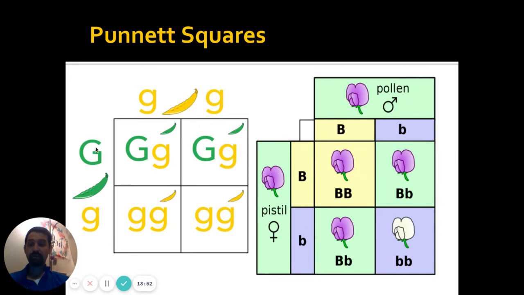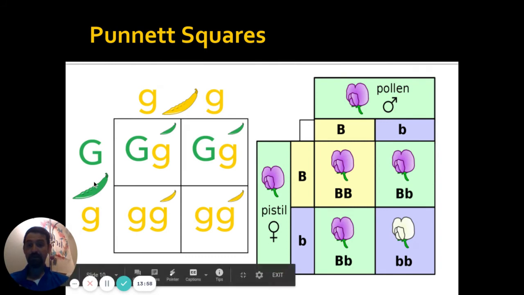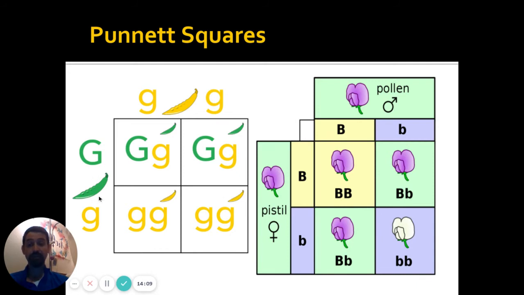So here I crossed a green pea plant with a yellow pea plant. Now this pea plant was carrying a pair, capital G and lowercase g, but it expressed or showed the dominant one, which was, I have to be green. This one was yellow because it did not have a green gene saying you have to be green.